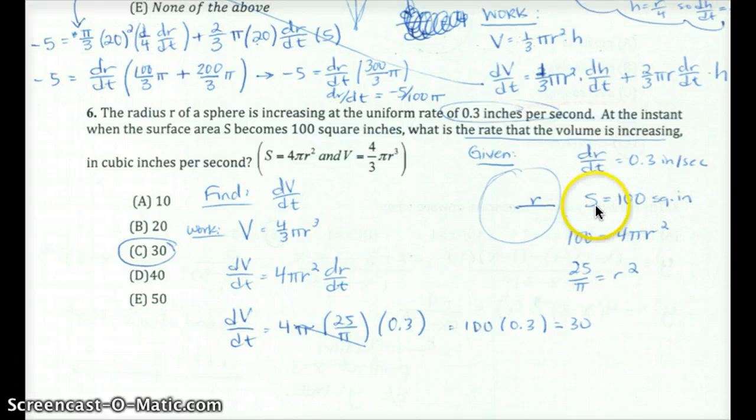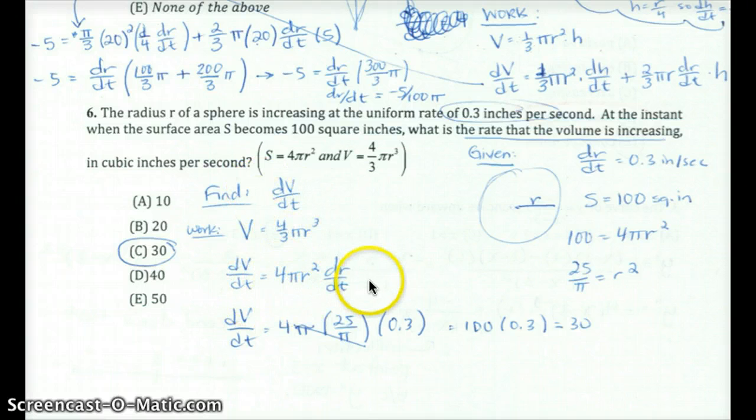So what I can do is use that to figure out how big the radius was at that instant. And I just solve the equation for surface area without taking any derivative. At the instant when surface area is 100, the radius has to be the square root of 25 over pi. So what I really care about is the volume. I use the volume equation and take the derivative with respect to time because I want to find dV/dt.